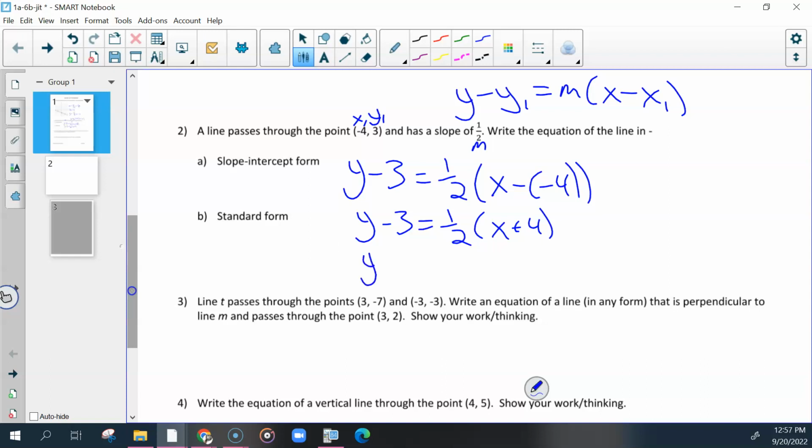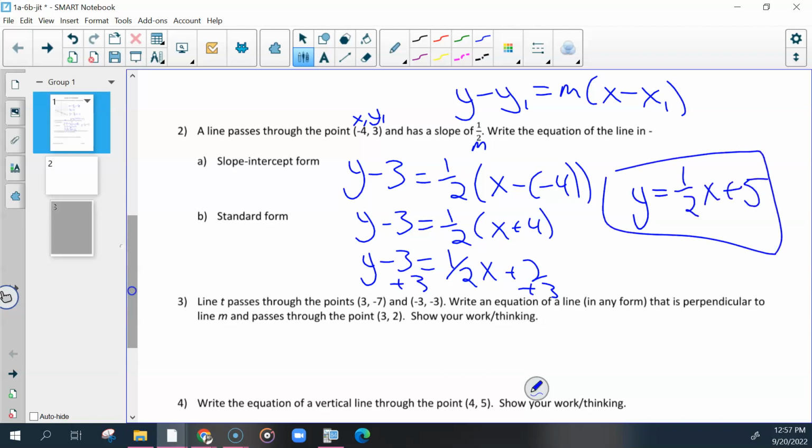Then we can distribute and get y by itself. To get y by itself, add 3 to both sides. So y equals 1/2 x plus 5.